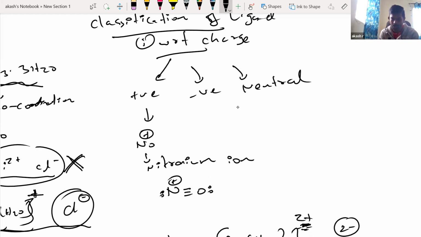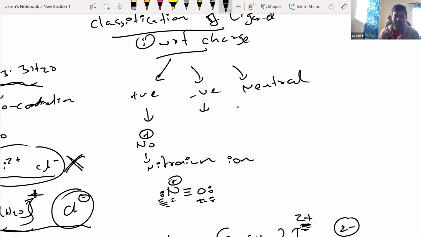So at the end of the day, the lone pair is there, and either oxygen or nitrogen will be able to donate to some other species. That depends on the compound. Both nitrogen and oxygen have a lone pair that can be donated to the metal atom.